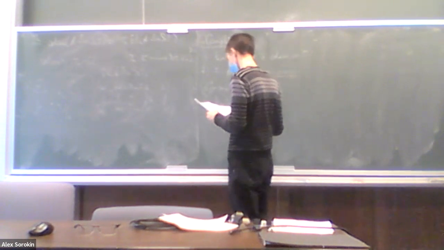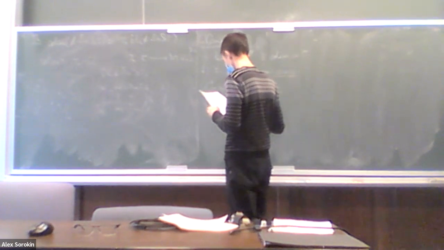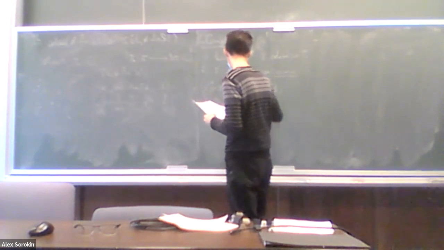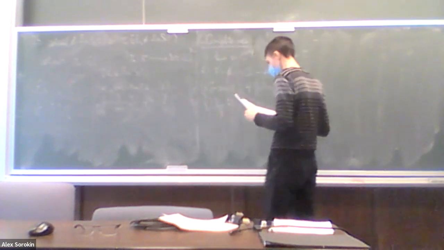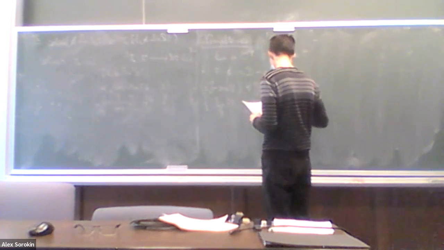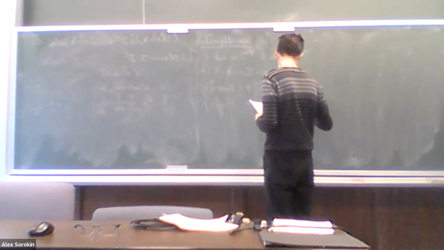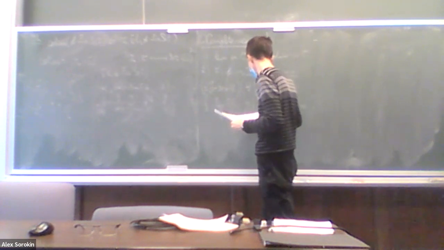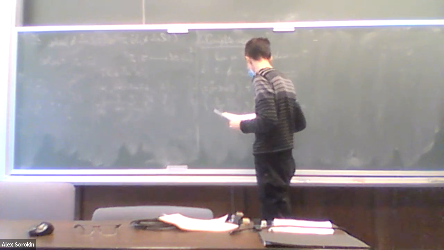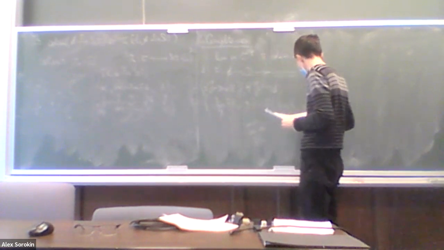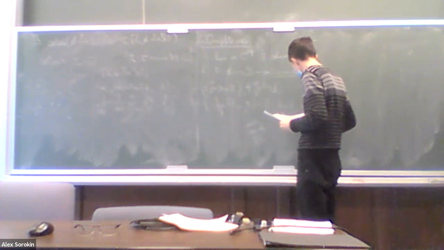So here is the universal cone of FK, and here is the universal cone of K.